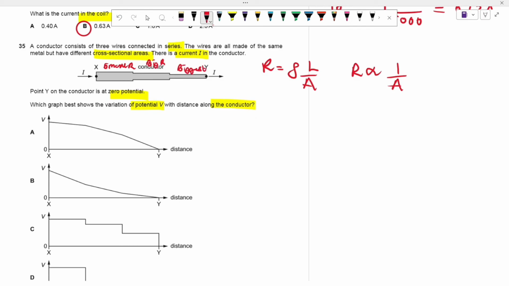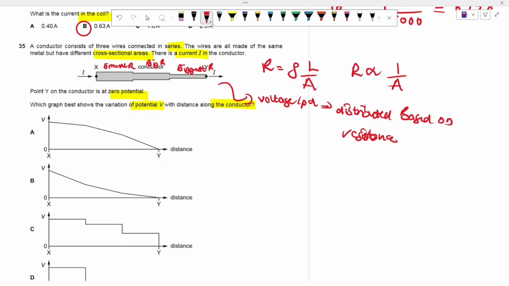And if you know anything about resistance, the voltage, or the PD, is distributed based on resistance, right? The bigger the resistance you have, the bigger the voltage you get.